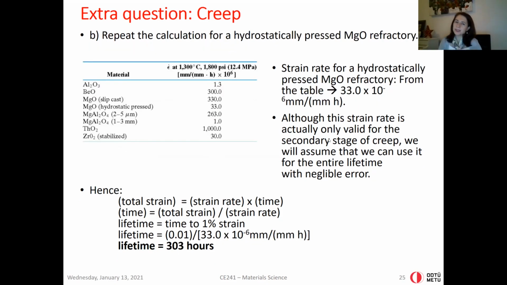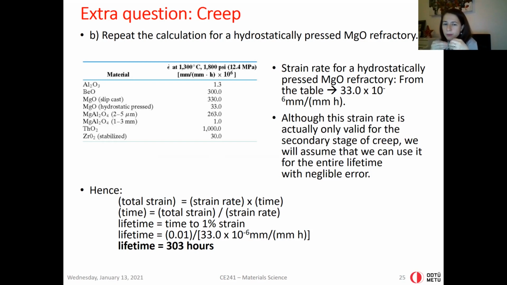Let's repeat the calculation for hydrostatically pressed MgO. Hydrostatically pressed MgO has a creep rate of 33 times 10 to the minus 6 per hour. Again, this strain rate is only valid for the secondary stage, but we will assume that we can use it for the whole range.